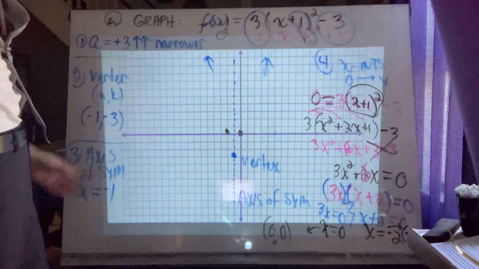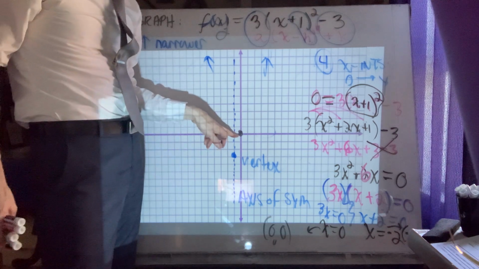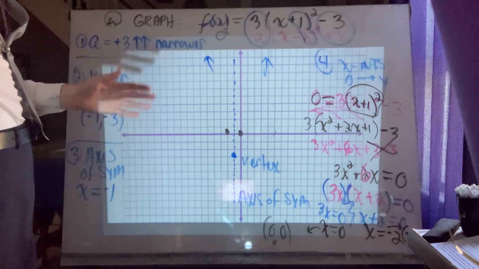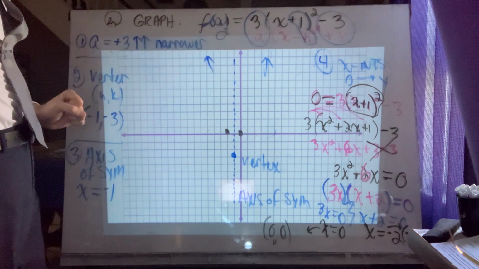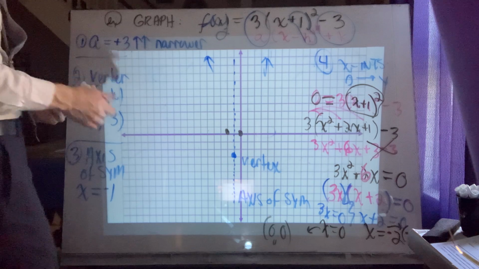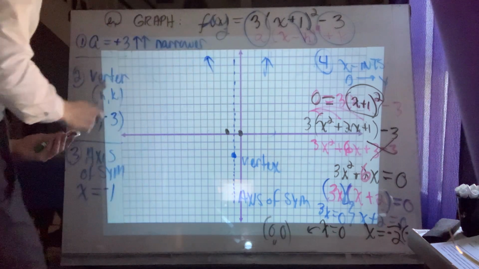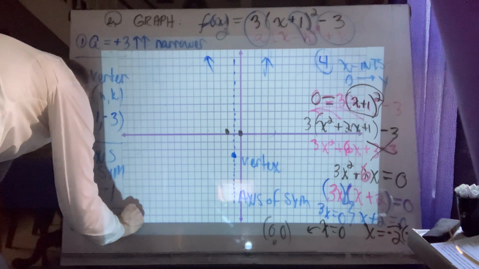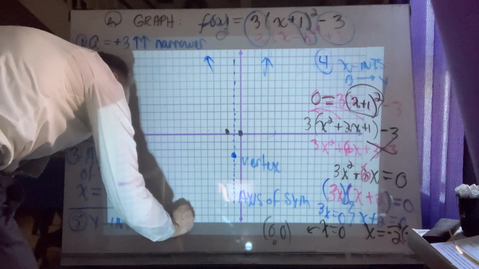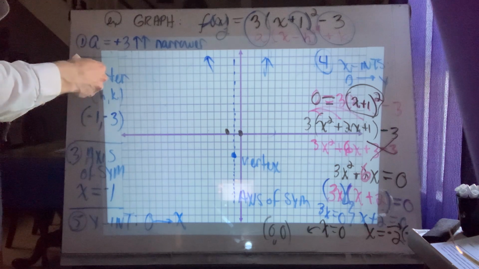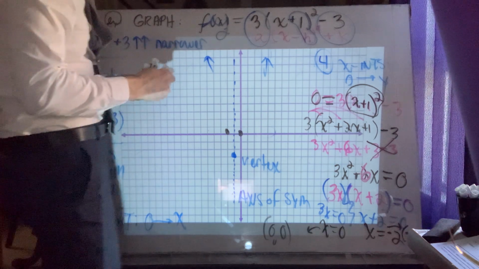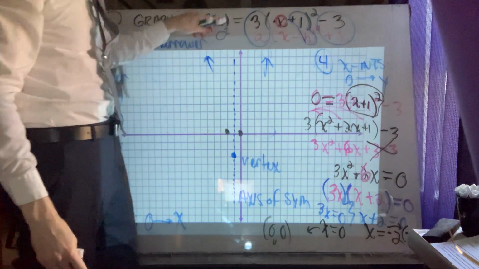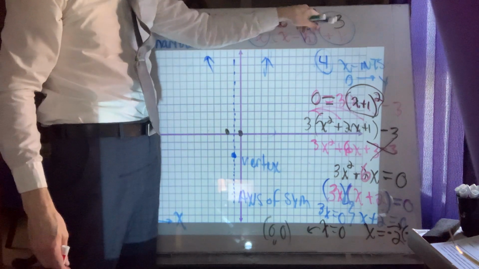Now, look what happened. The X-intercept is at the origin. So if we were looking for the fifth thing in this list of things to do, because this is the fourth, the fifth thing would be looking for the Y-intercept. Again, you pull the old trick: you put 0 in place of X. That's really easy. Then it would be 3 times 1 squared minus 3.